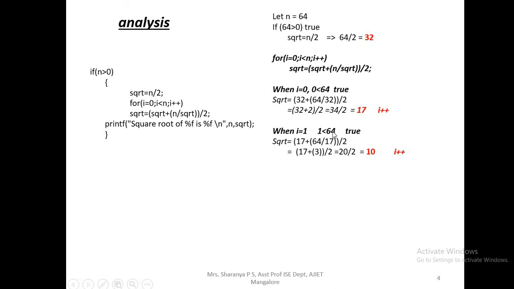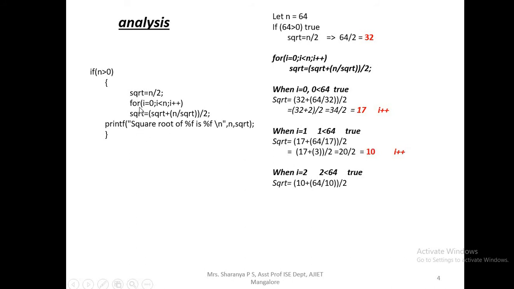This yields the result as 17. This needs to be repeated until less than n, that is until the n value is becoming 64. So this is how, with each I value varying, it is computing the square root sqrt.